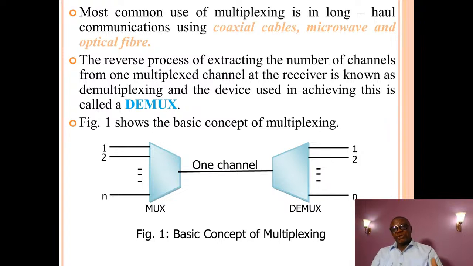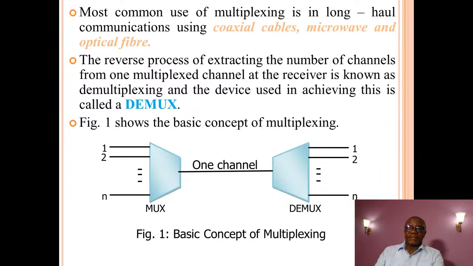Now, you see the blue block, showing that the left end of that blue block is longer than the right end of that block. So just a depiction that 1 to n comes and converges into one transmission channel.